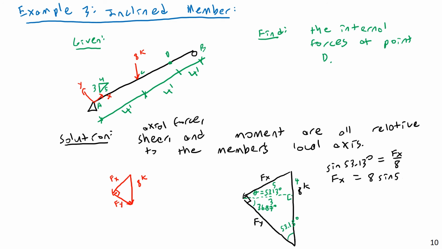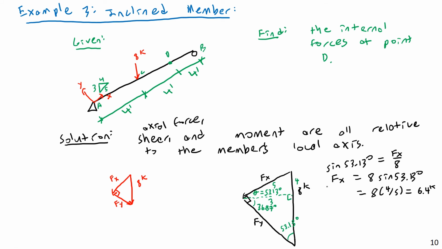The sine of 53.13 degrees is just 4 over 5, opposite over hypotenuse. So that is 8 times 4 over 5, which is 32 over 5, and that comes to 6.4 kips.